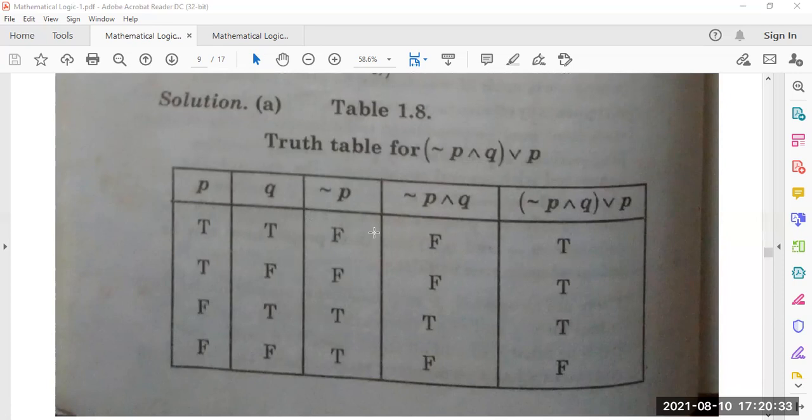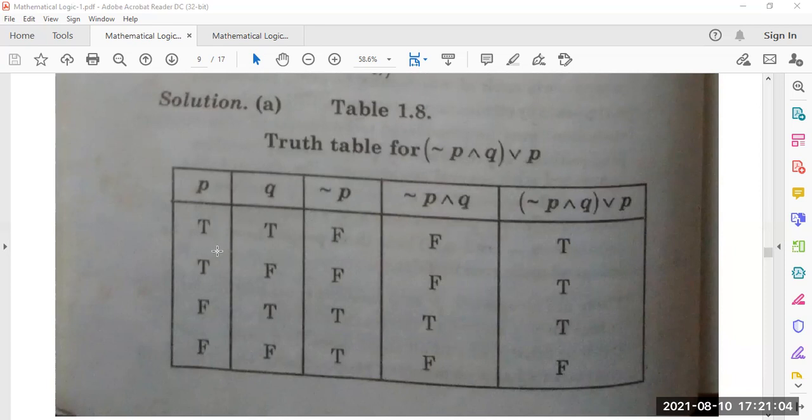Now negation P intersection Q. False and true is false. False and false, false. True, true, true. True, false, false. We know that intersection means common to both. Now for negation P intersection Q, union P, we make the union of this.